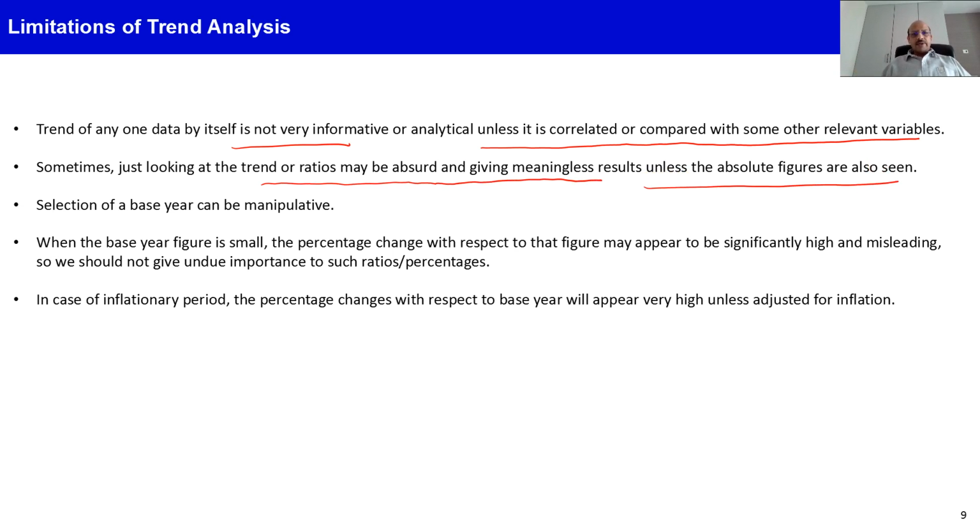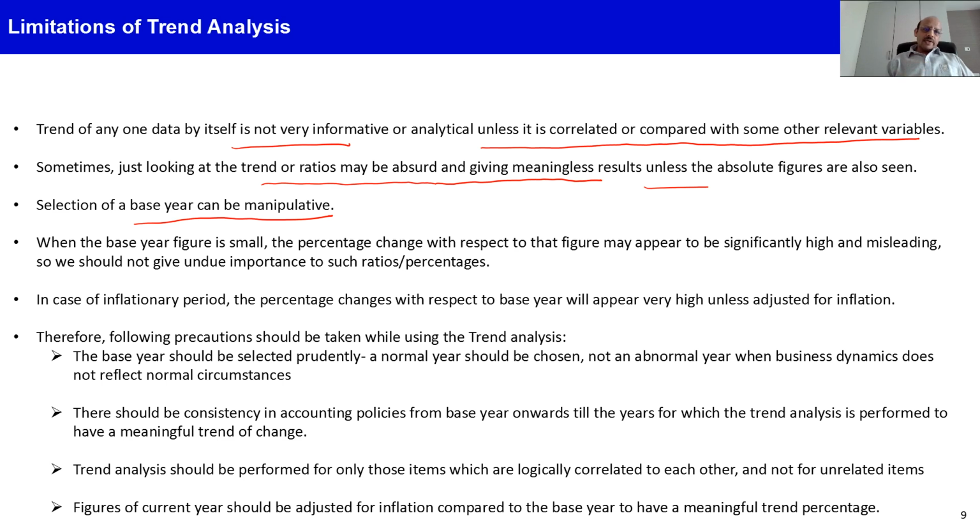The third limitation is that the selection of base year may be manipulative, or the base year may not be a normal year. Suppose you take the COVID-19 year as a base, then all future years' numbers or previous years' numbers will look so great against that base number. So the base year can sometimes be very manipulative and not a normal year.